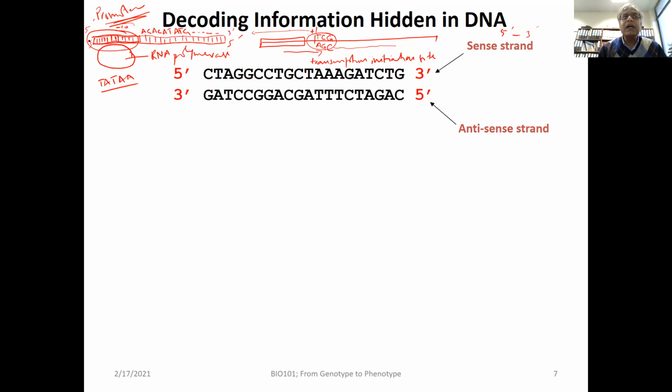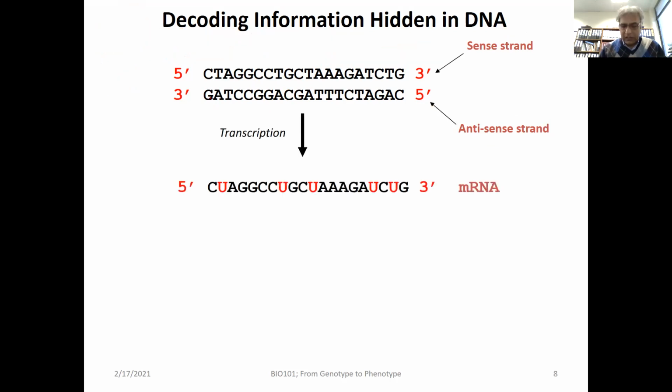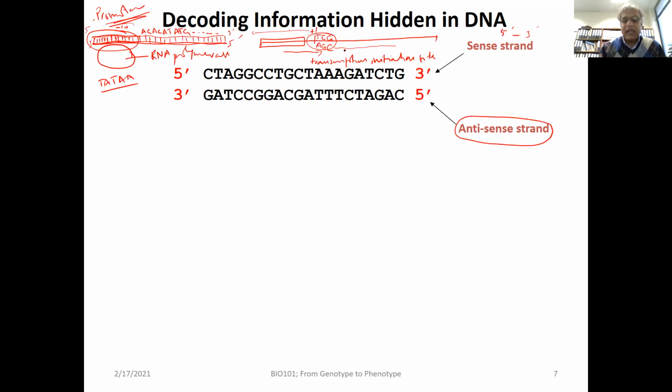So remember, if the promoter is here and it's moving in this direction, then this 3 to 5 strand will act as the template, the strand of DNA which will be copied. We call this strand the antisense strand, the one which is being copied.